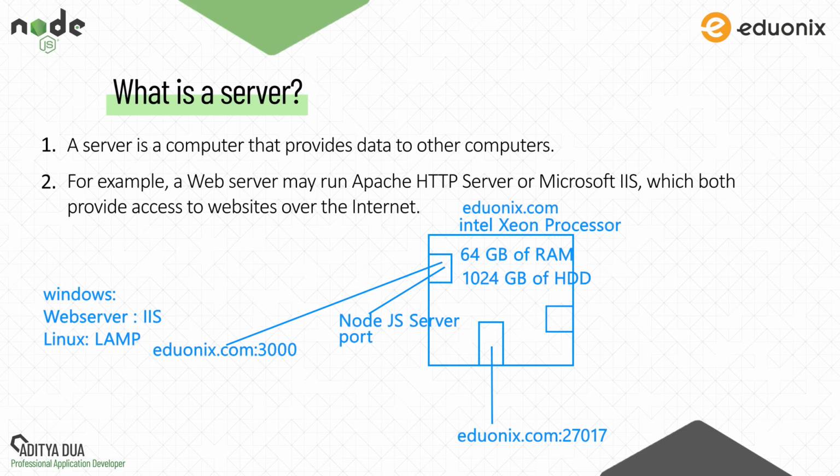So all these are different types. In typical terms, this is a hardware server, and the ones like IIS are termed web servers. We have something like WebLogic, which is termed an application server.